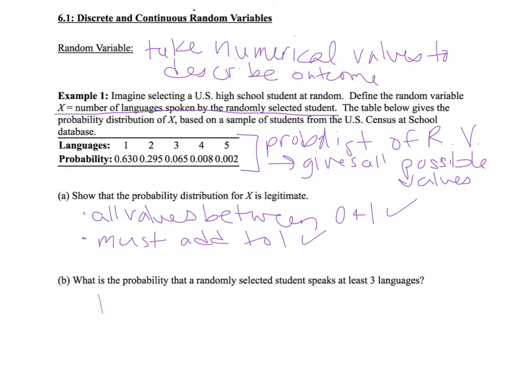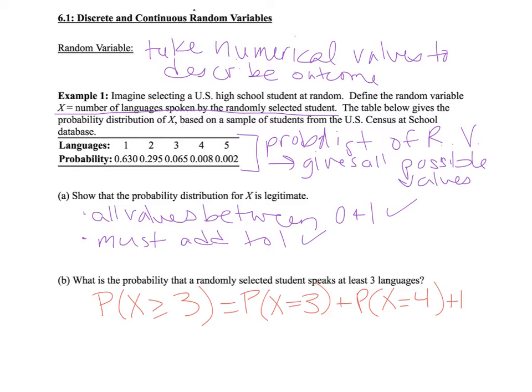I'm going to write this as the probability that my random variable X, the number of languages, is greater than or equal to 3. That's written as the probability that X is 3 plus the probability that X is 4 plus the probability that X is 5.